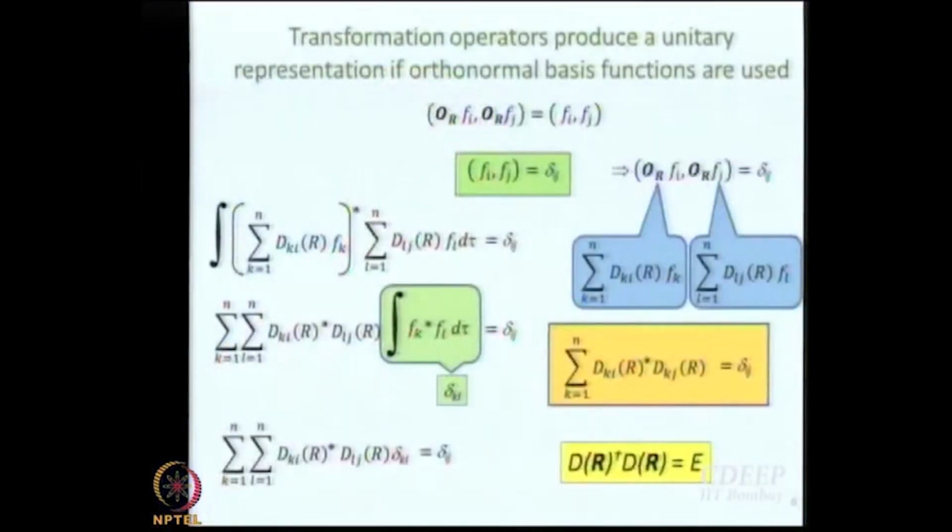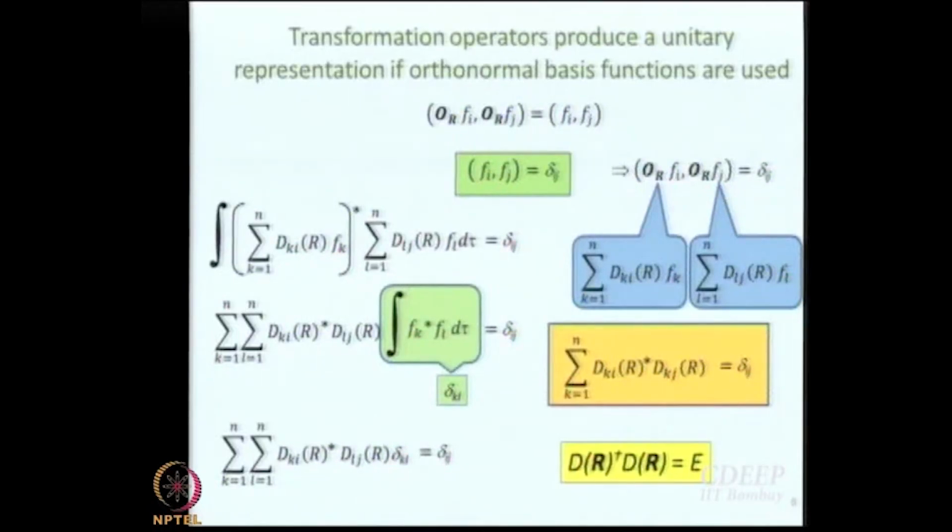What is that going to be? That is going to be 1 when i equal to j, and it is going to be 0 when i is not equal to j. If you go on expanding this, will you not get the unit matrix? This is what you get.